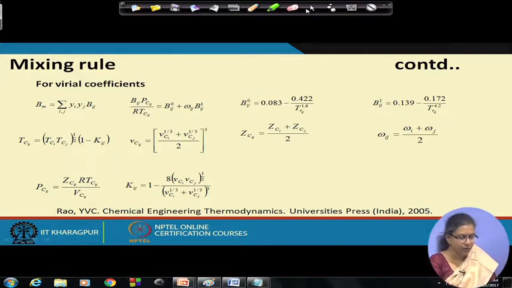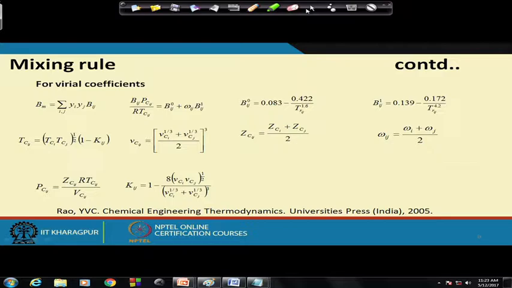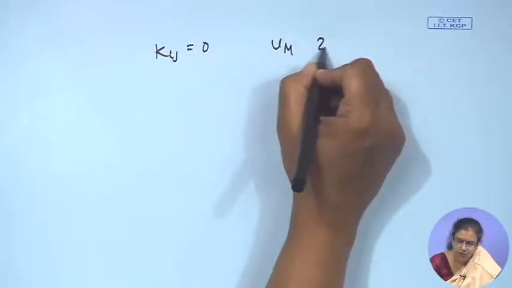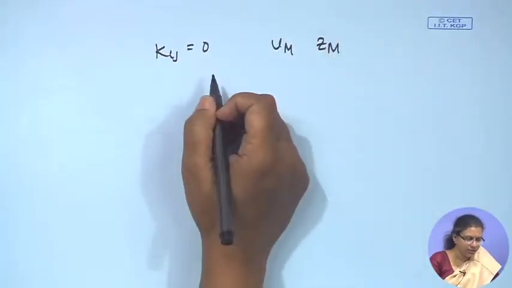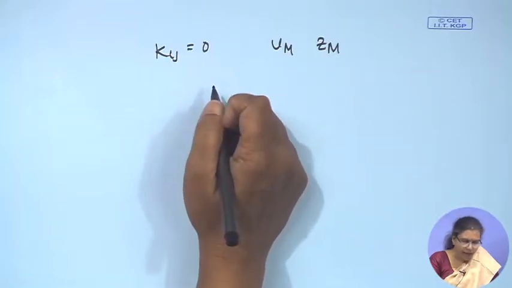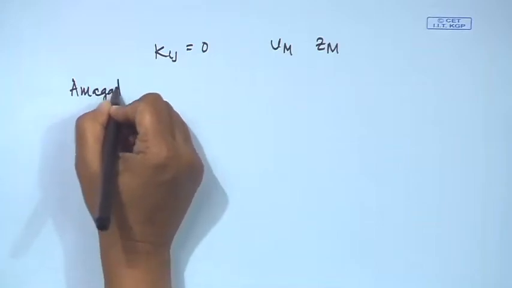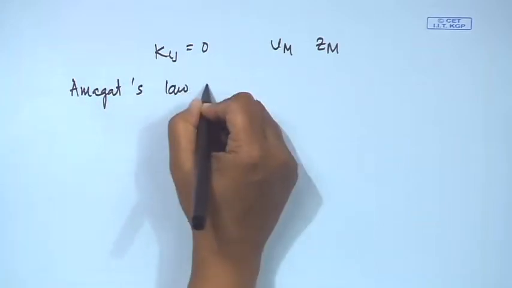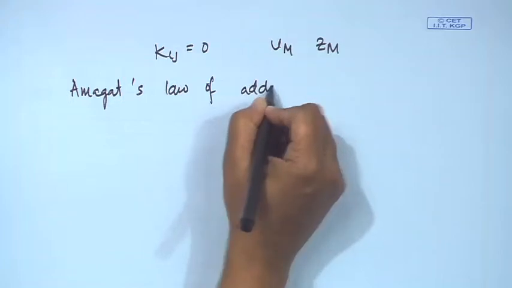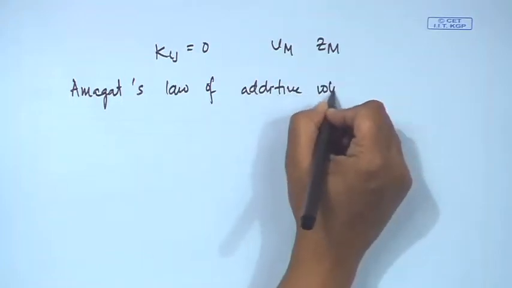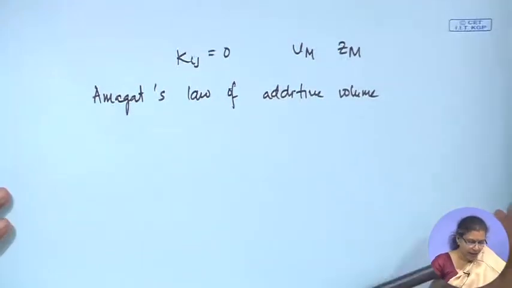Now, apart from these, in most of the equations we need to know V m and we need to know Z m, that we have already seen. So, apart from the cubic equation and virial equation of state, there is one other way also by which we can find this out. These are by assuming Amagat's law of additive volume and Dalton's law of additive pressure.